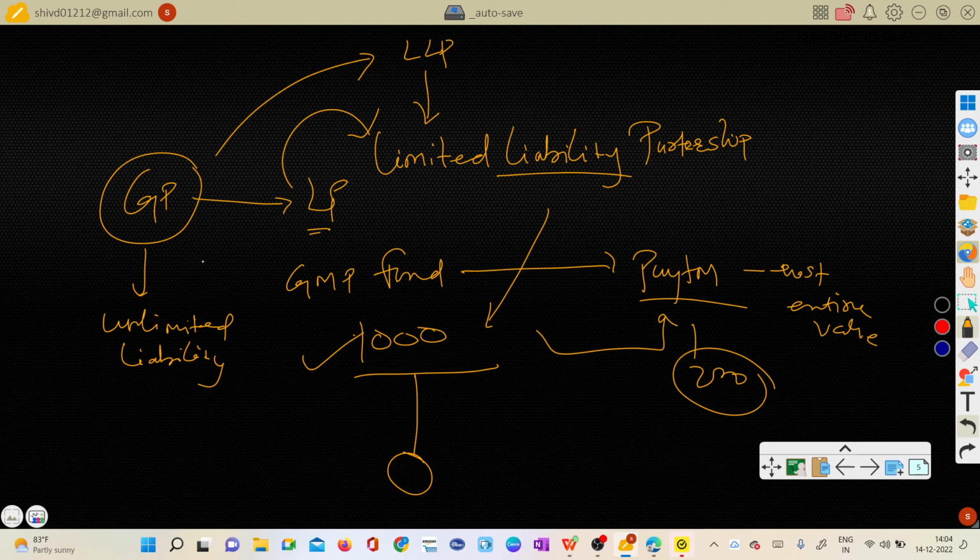They form a separate agreement with each other, and that's how they form the limited liability partnership, with the help of the LPA, the limited partnership agreement. They form the LLP with the help of the LPA agreement.